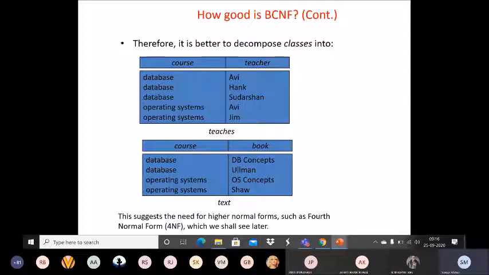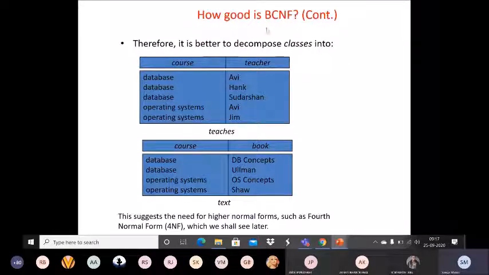So how will you deal with multi-valued dependency? We have to go to fourth normal form. So next day our class will start with me telling you again what multi-valued dependency is, and then how to deal with it in fourth normal form. So the answer to the question, how good is BCNF?